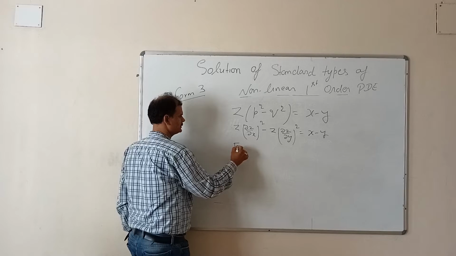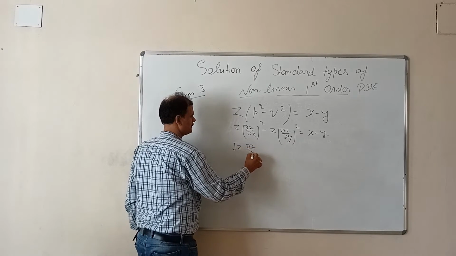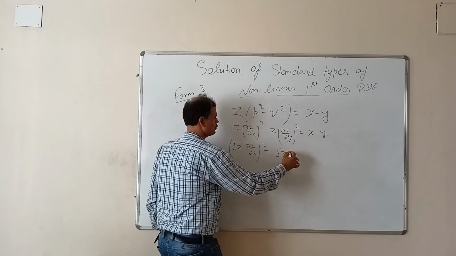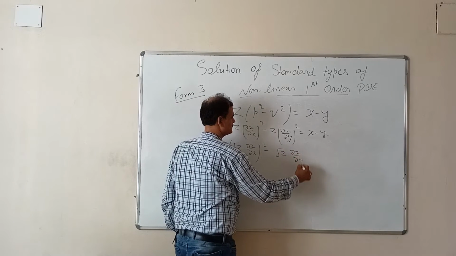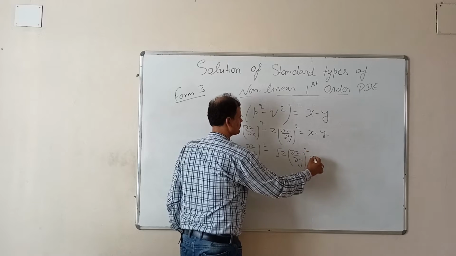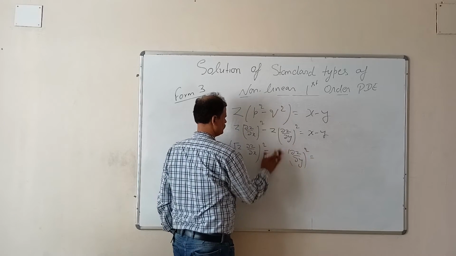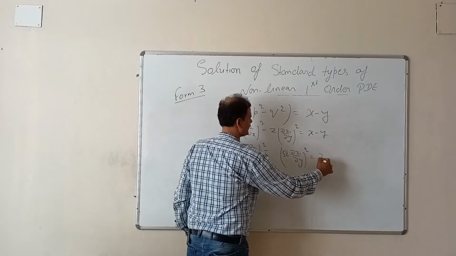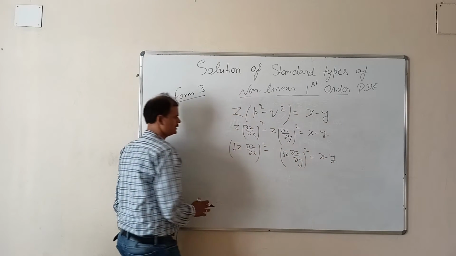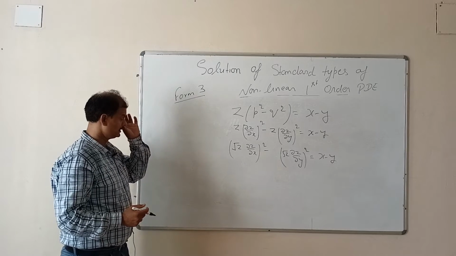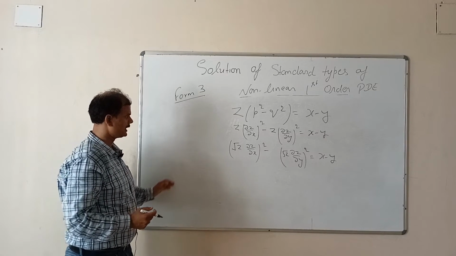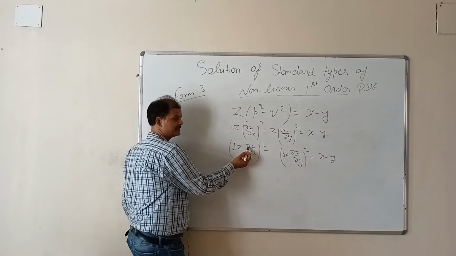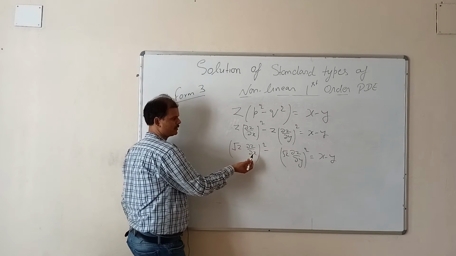Then √z comes inside: (√z ∂z/∂x)² − (√z ∂z/∂y)² = x − y. Now this √z is extra, right? Then what can we have? This √z into ∂z we can write as ∂z1. That's all.